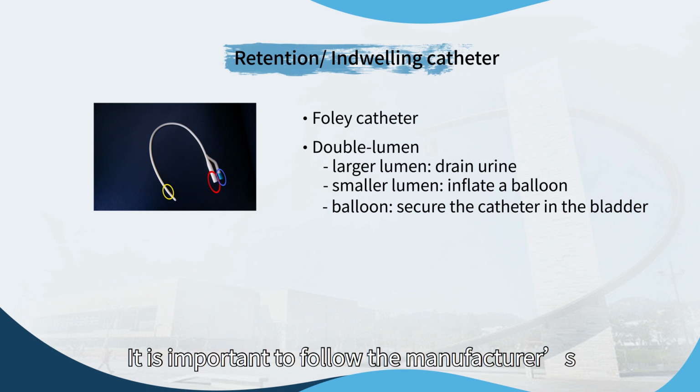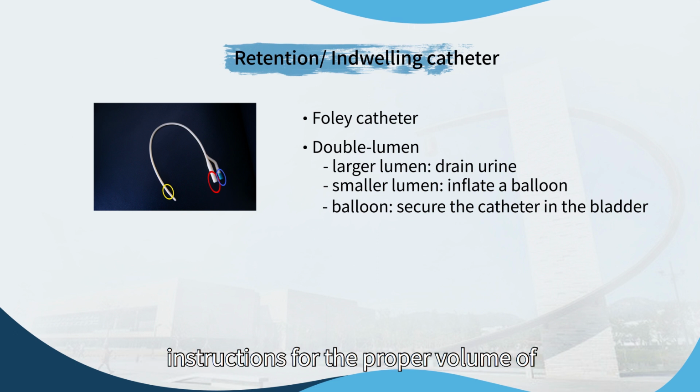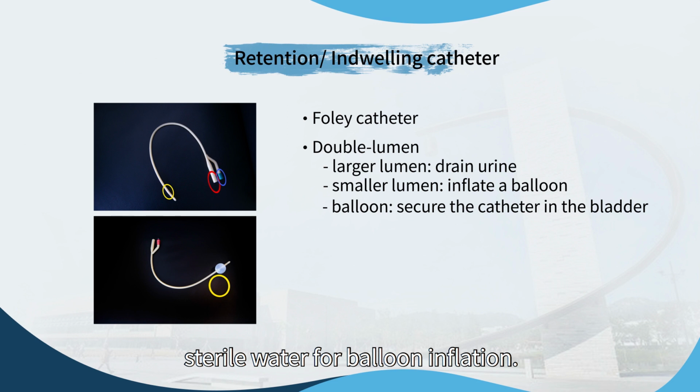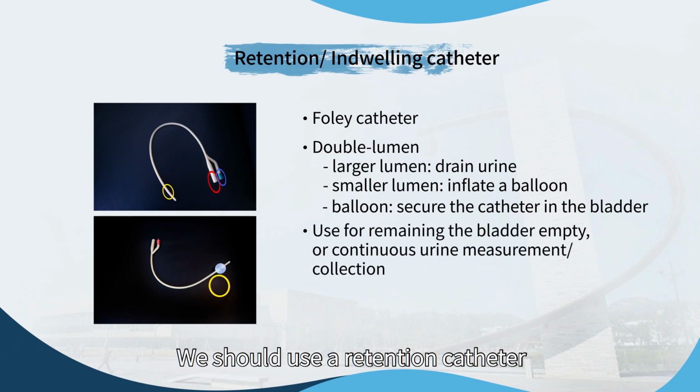It is important to follow the manufacturer's instructions for the proper volume of sterile water for balloon inflation. We should use a retention catheter if the bladder must remain empty, or continuous urine measurements or collection is needed.